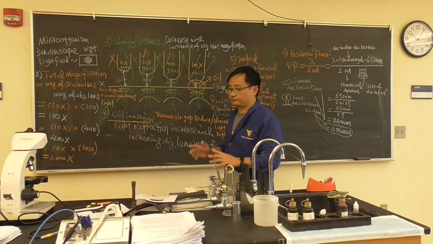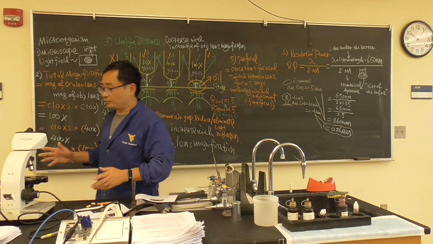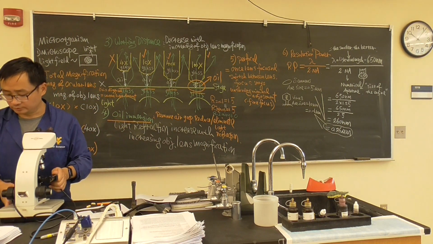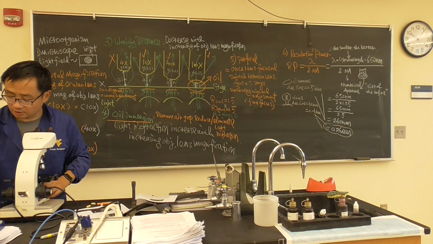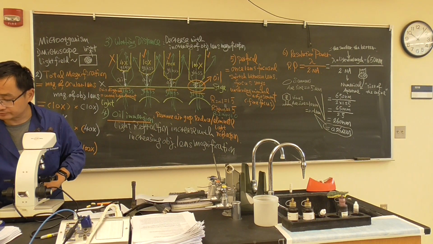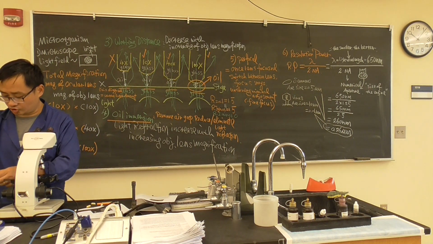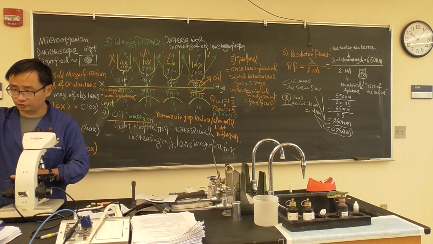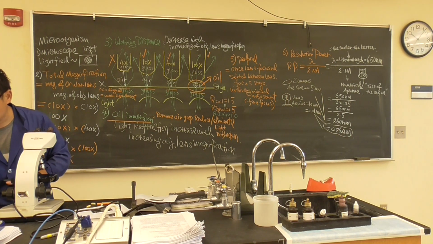Today's work is very simple. We will do a wet mount microscope observation. We're not going to do the dye, so you're going to have two sets. Here is Staphylococcus aureus. Every student will do the observation of Staphylococcus aureus.